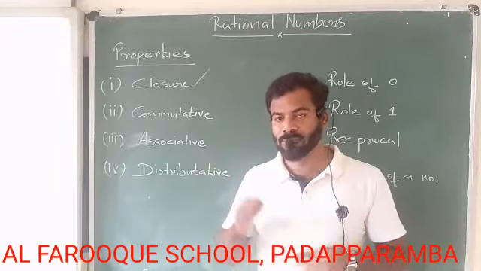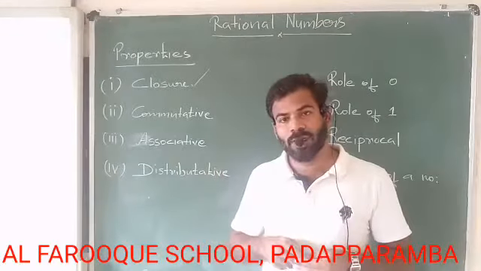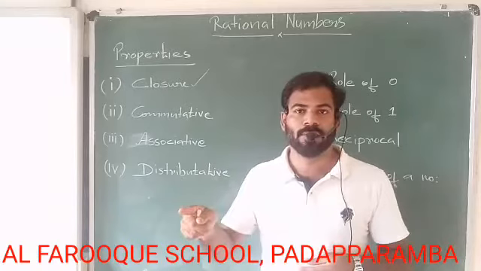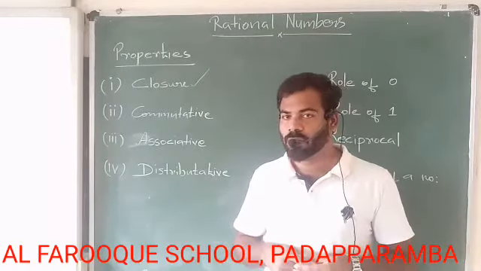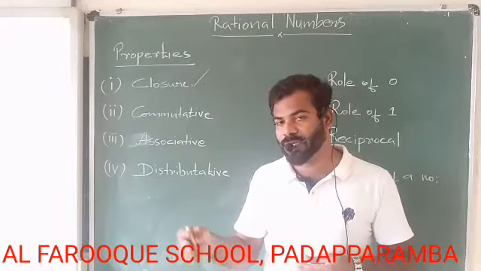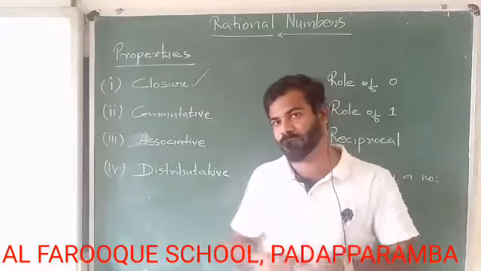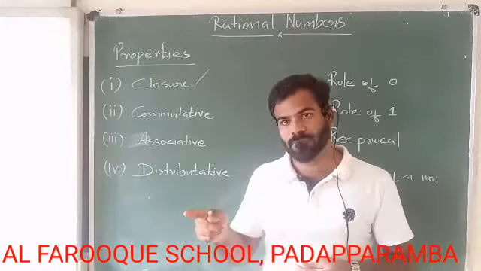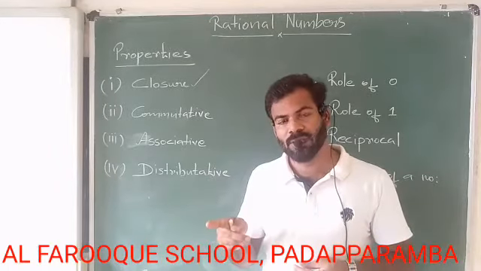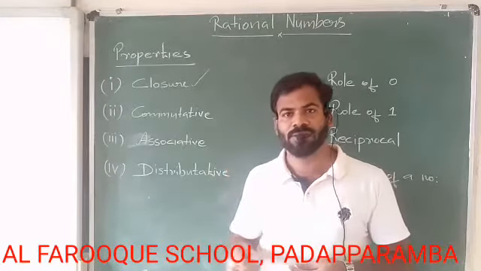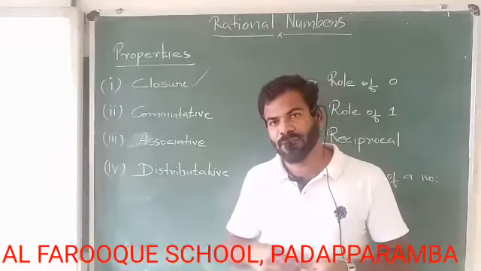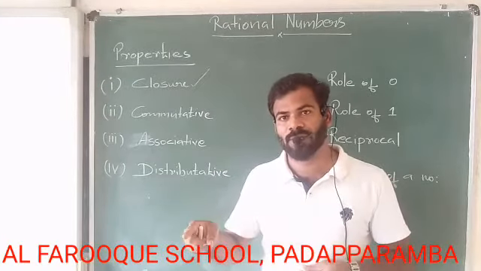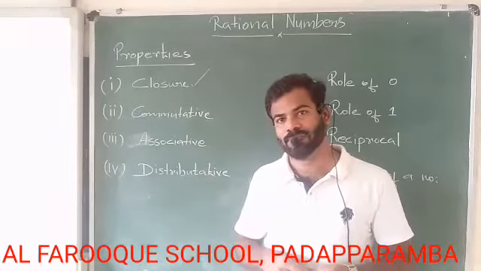Is it clear? So we can say that rational numbers are closed under addition. Clear? Now if we take any two rational numbers and subtract them, the result should always be a rational number. So rational numbers are closed under subtraction.